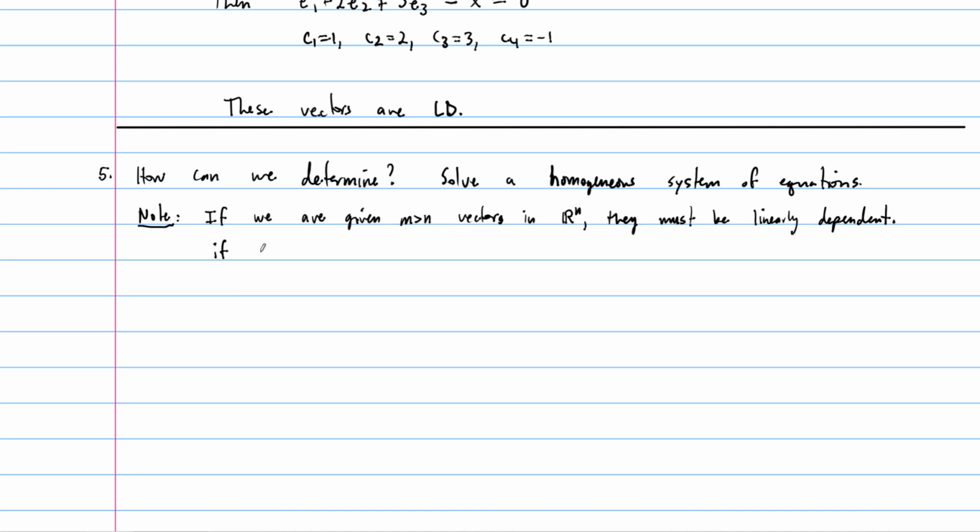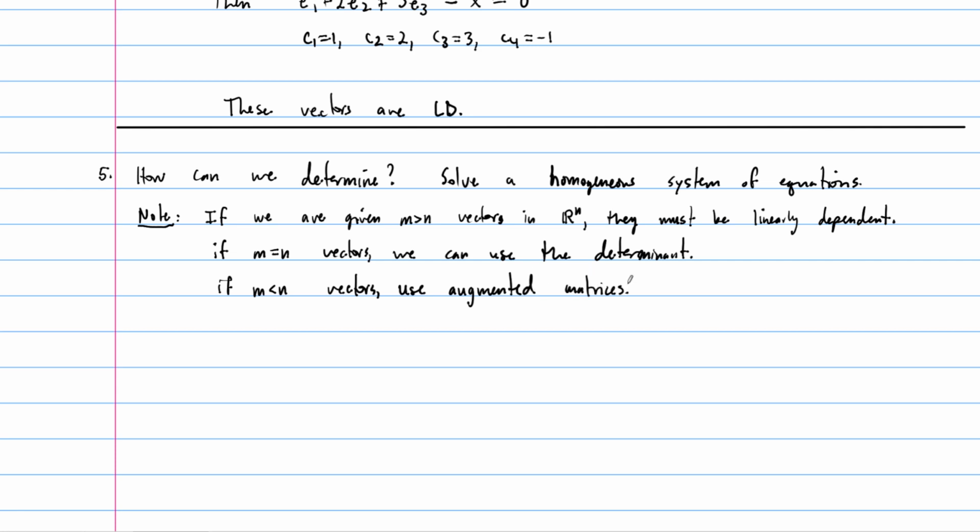But if we have m equals n vectors in these number spaces, then we can use the determinant to help us, because we have theorems about the determinant, which we'll review in a moment. And if we have less than n vectors, then we can use the augmented matrix approach. So we'll use augmented matrices.